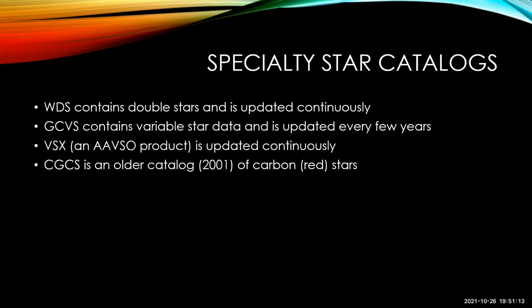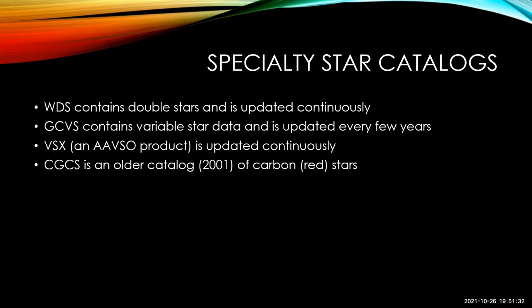Another lot of stars that people become interested in is variable stars. The General Catalog of Variable Stars contains variable star data. It's updated not continuously, but every few years.